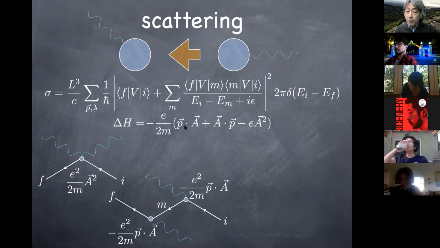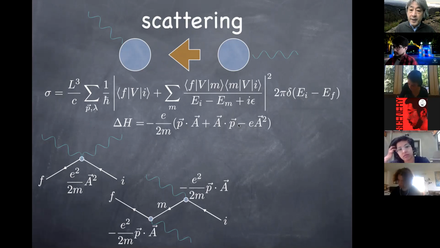So in Coulomb gauge, I don't need to worry about the ordering of P and A. So you can just combine them together as e over m P·A. And I made a mistake here. It's supposed to have the two in the denominator canceled out. It has only one power of e instead of e squared. So I'm going to correct that later on. I apologize. But anyway, I hope you see that this is just the first two terms of this interaction Hamiltonian.